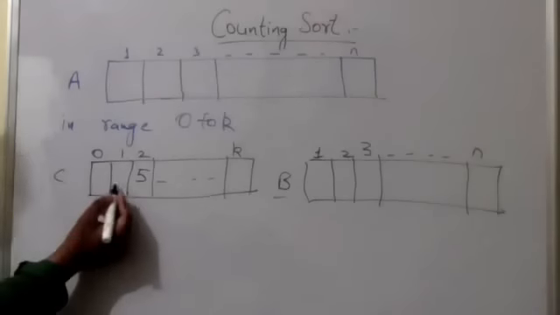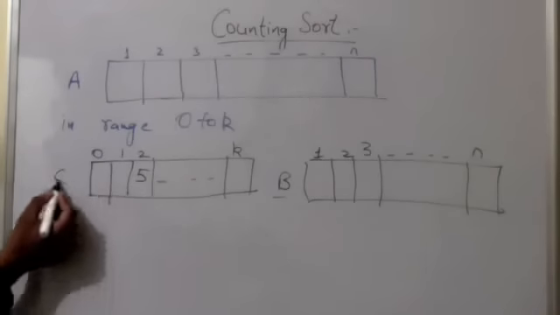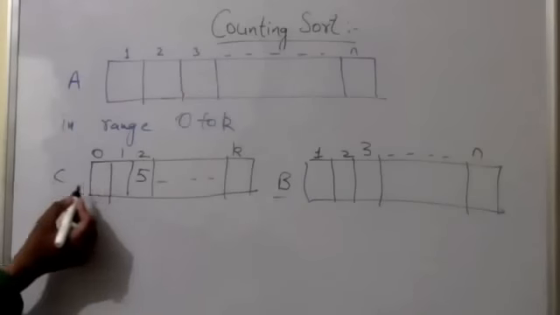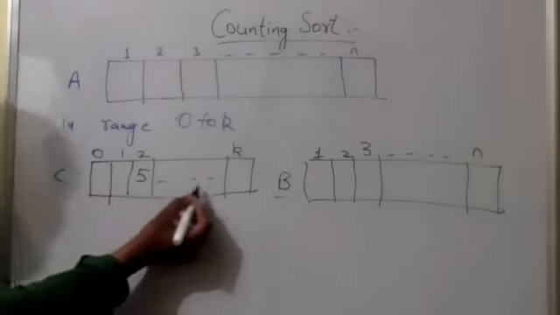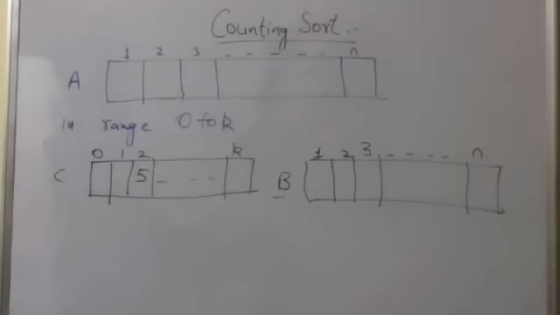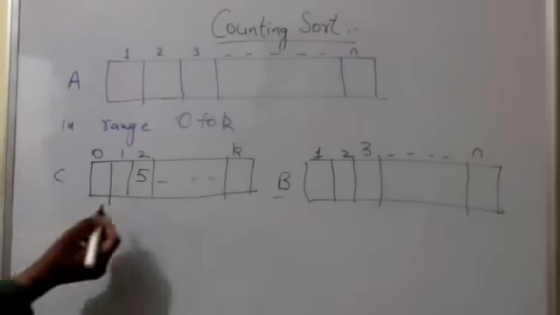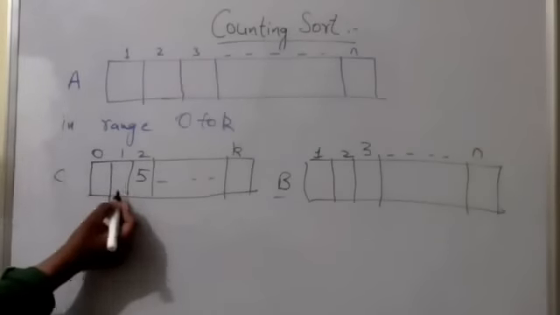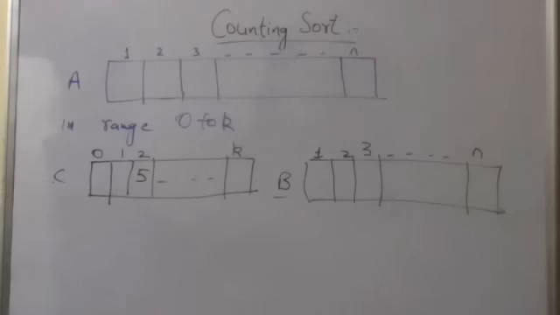We will start from the second element of array C and move to its last element, and to each element we will add its previous element.